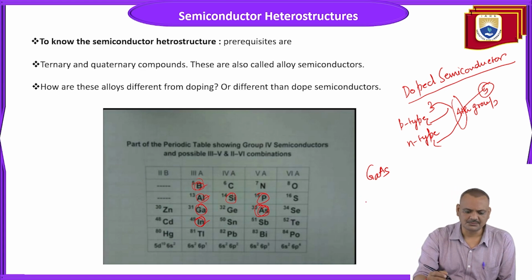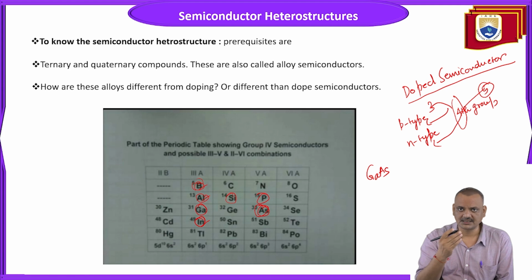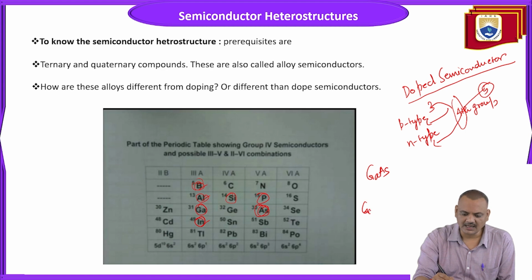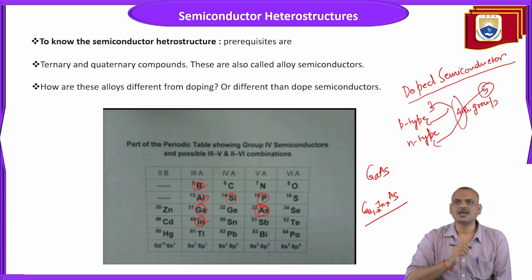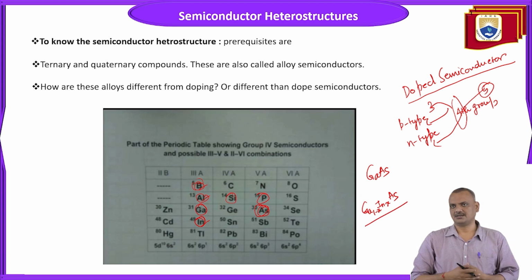So let's suppose I am replacing that gallium with indium in some fraction. So gallium 1 minus X, indium X, arsenide. Now gallium is replaced by a same group element.